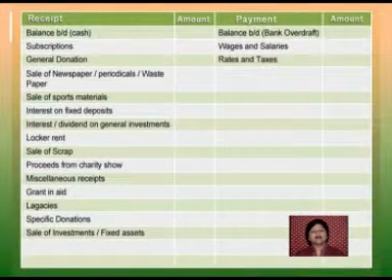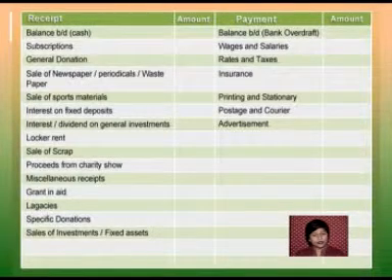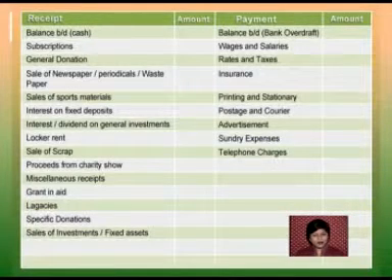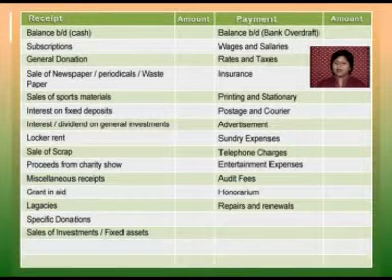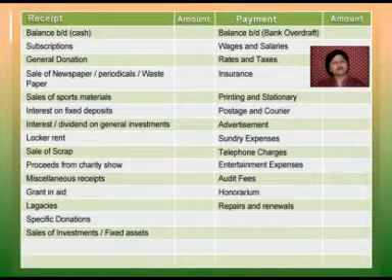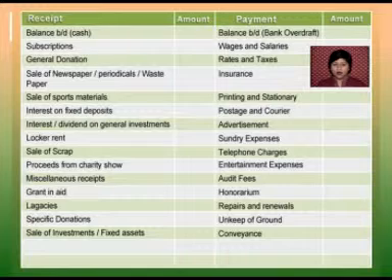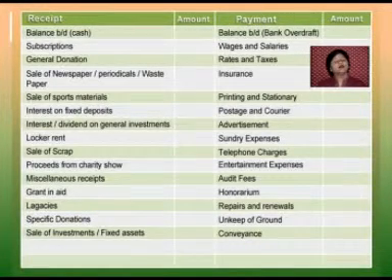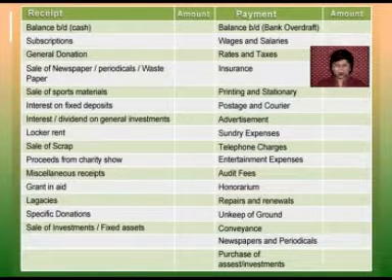There can be rates, taxes, insurance, expenditure on printing and stationery, postage and courier, advertisement, sundry expenses, telephone charges, entertainment expenses, audit fees paid by the organization, honorarium, repairs and renewals, upkeep of the grounds if the organization is linked to sports activity, conveyance, and expenditure on newspapers and periodicals.